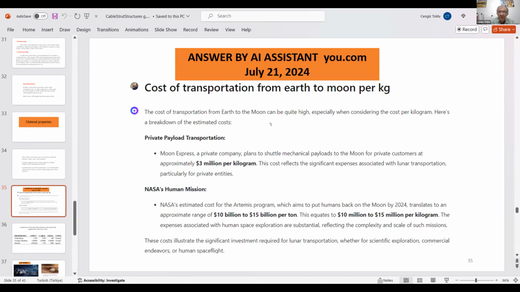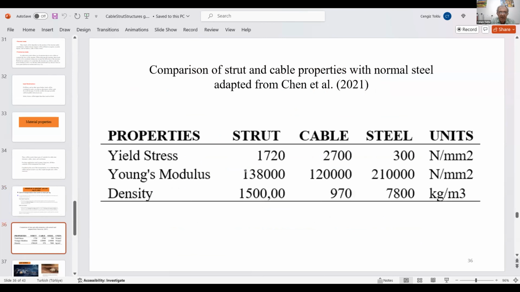There are many figures given in the literature about this. So I asked this morning the AI assistant of Google, and it gave a figure like $3 million per kilogram. Perhaps it's an excessive figure.